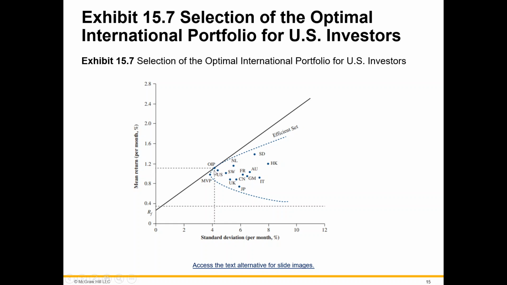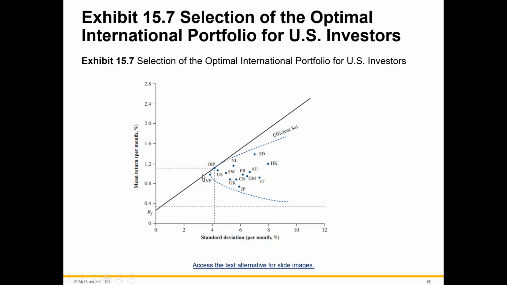Or you could keep returns the same and do quite a bit less risk by optimally investing and just putting a little bit of money in the safe asset. But compared to China, there's a huge gain to international investment, either in returns or risk, relative to a fully domestic Chinese portfolio or Japanese portfolio.